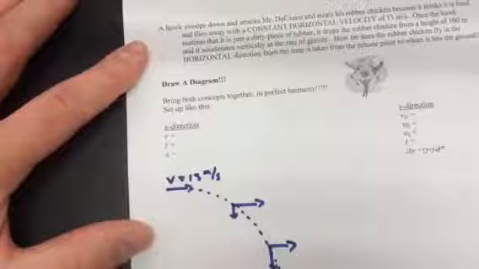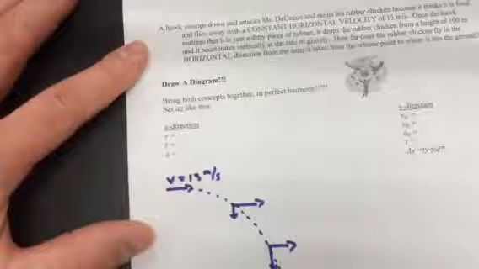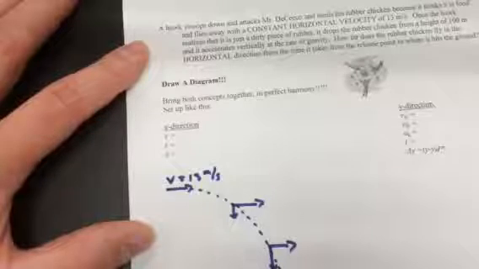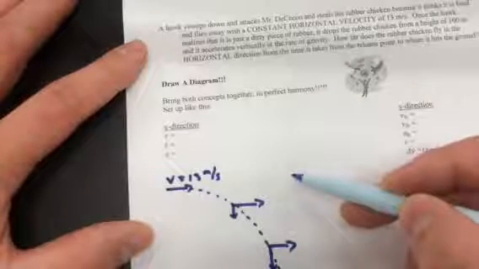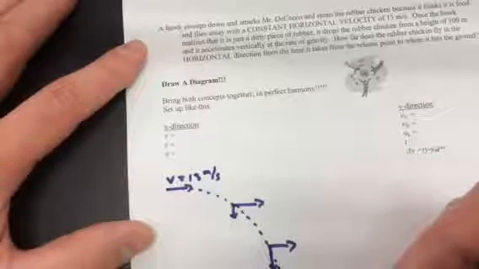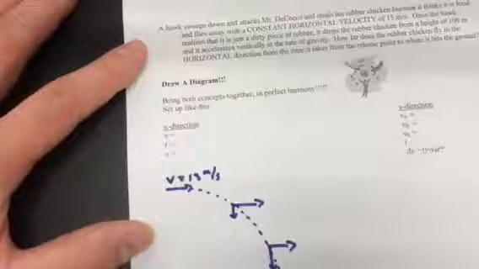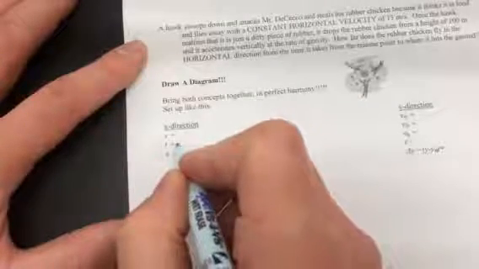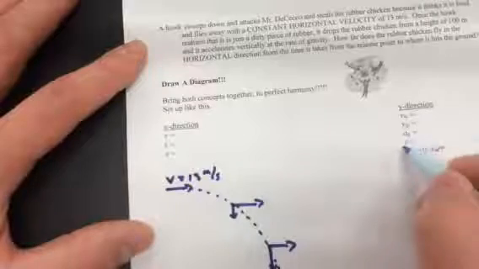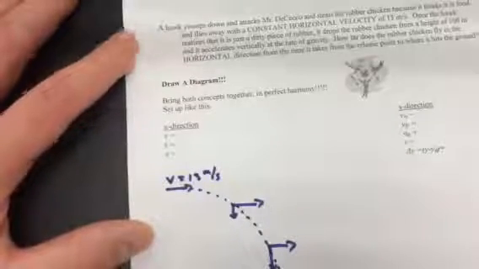Now, if this is what's happening, the time that it takes for the object to stop moving horizontally is the same time that it takes for the object to stop moving vertically. All right? So that time for both the x direction and the y direction are equal to each other.